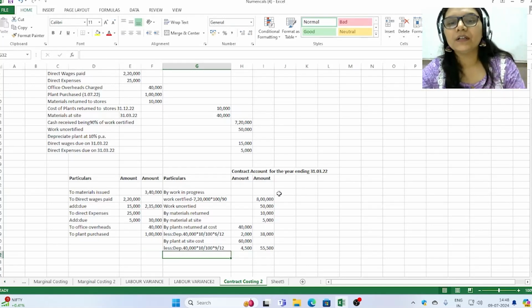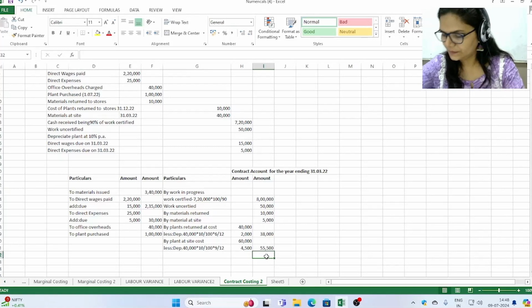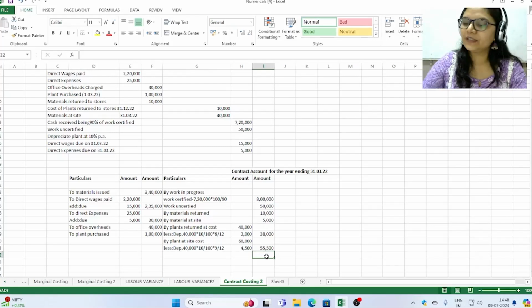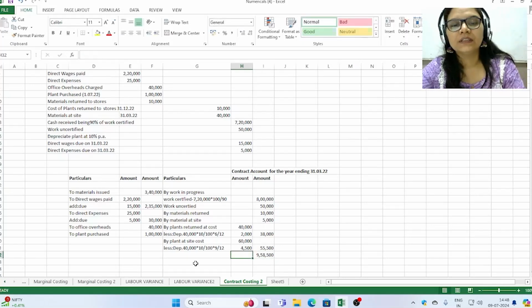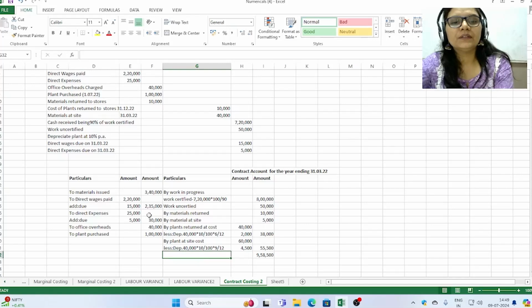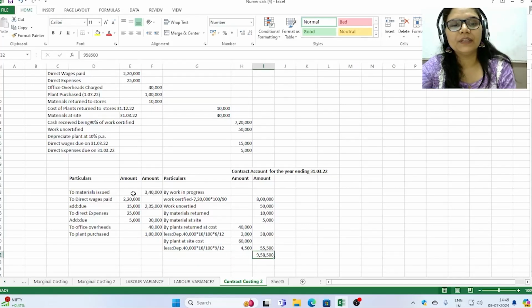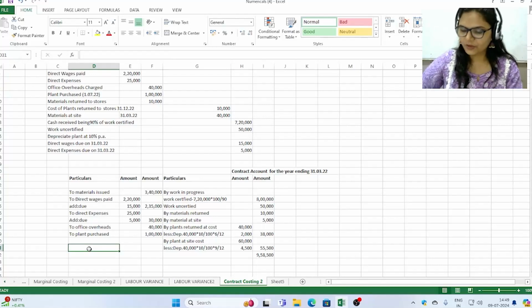If we add all these figures, we will get the figure of 9,58,500. And after this, we will work out the profit. Profit will be 9,58,500 minus 3,40,000 and the addition of all these figures, which will give you a figure of notional profit.